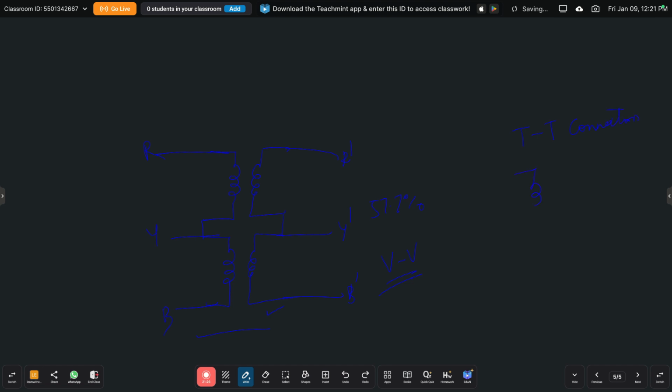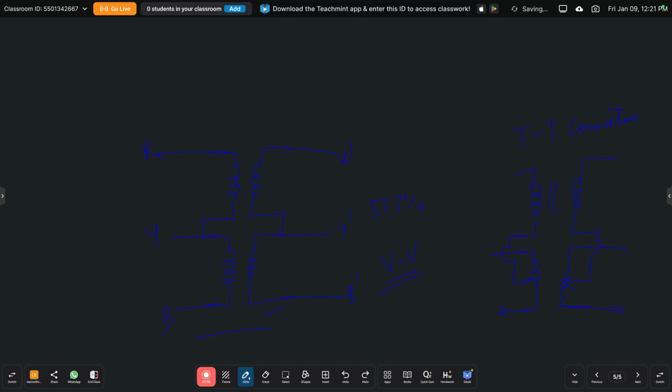This also we are going to represent like this, with the two windings. Two transformers are used in this type of connection.